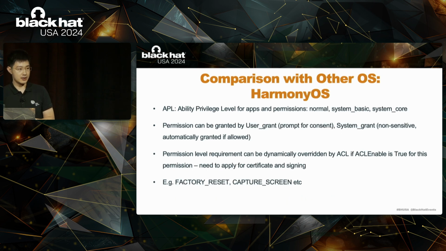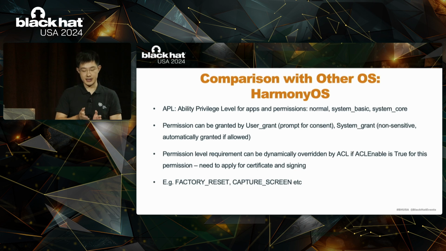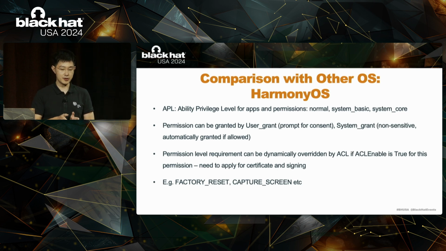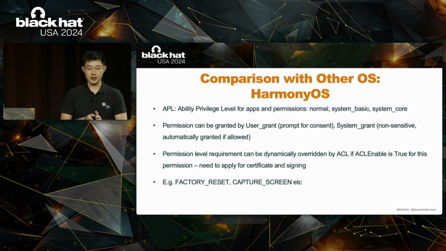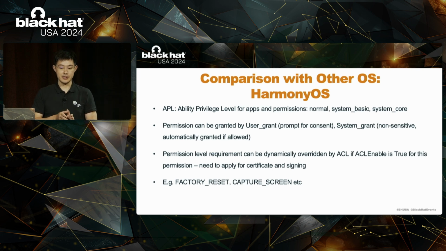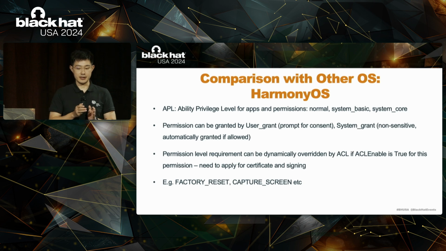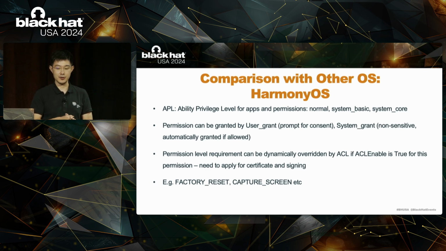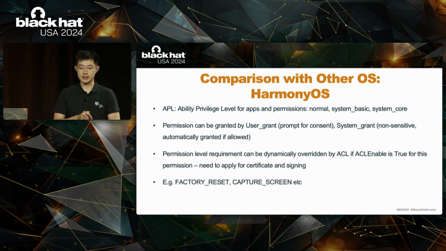So finally, there's a new operating system by Huawei, HarmonyOS NEXT. It's actually a new operating system that is totally not Android or Linux. It has some new concepts for privacy protection and the sandbox, like the APL, the ability privilege level. In this operating system, the applications and permissions have three categories for their APL: normal, system basic, and system core.